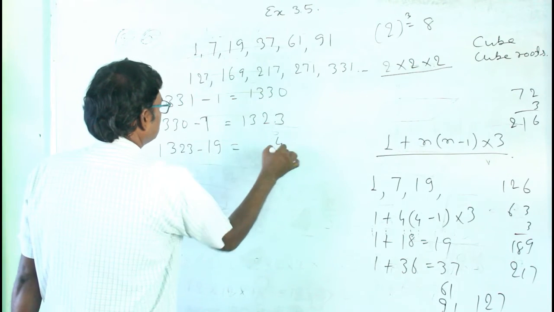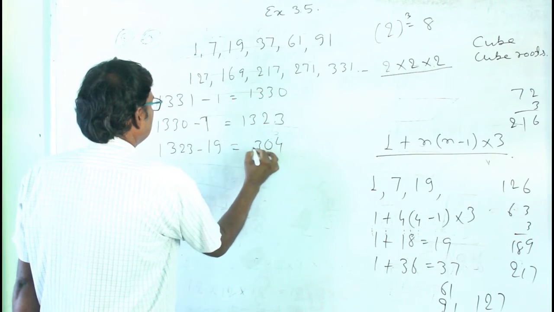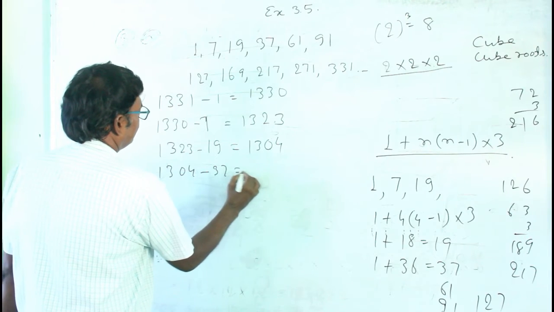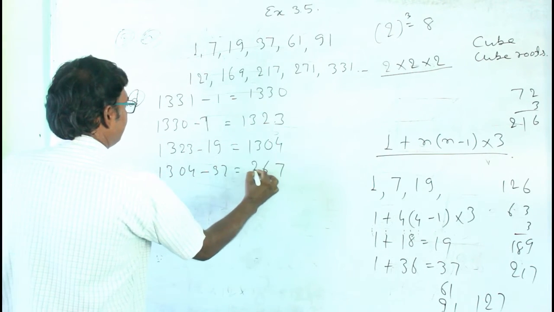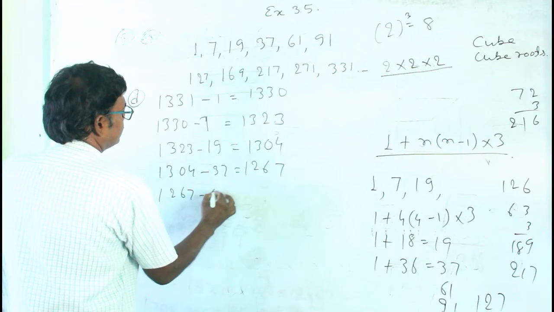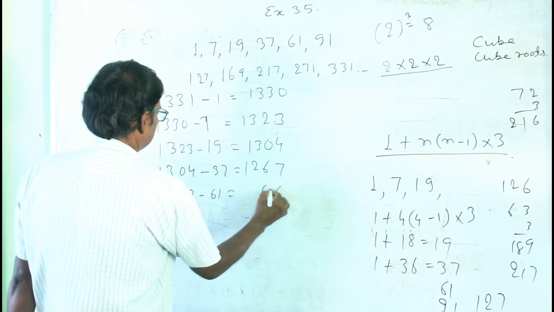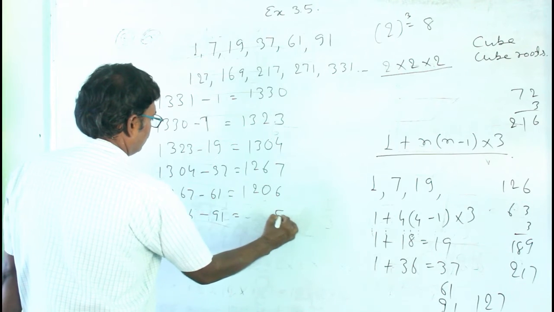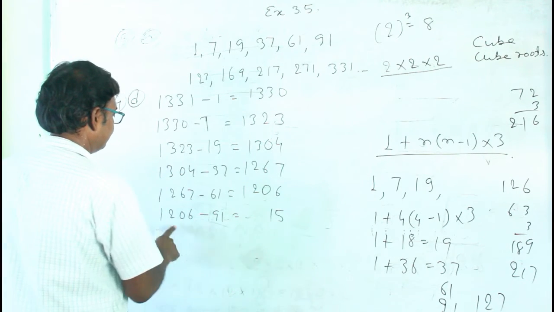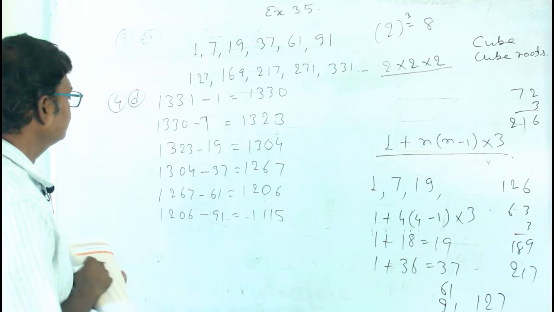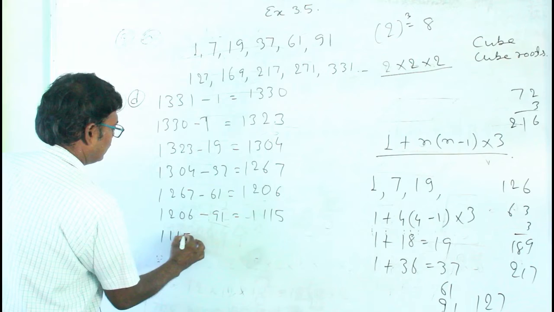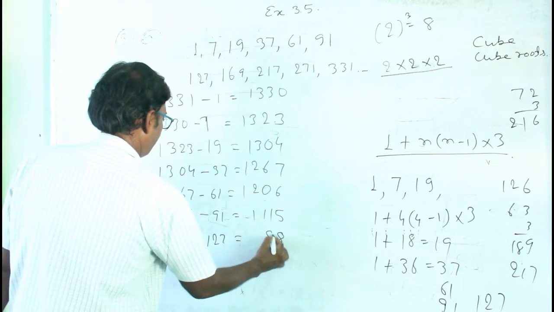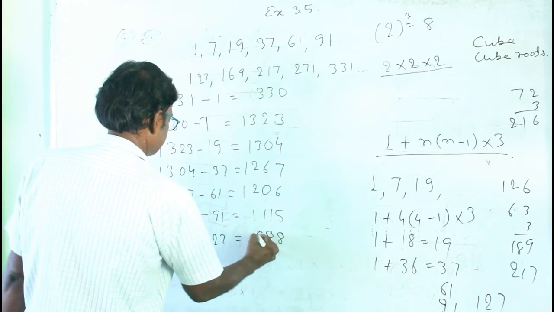So it is 1304, then minus 37, then 61 equal to 1206, then 1206 minus 91 equal to 1115, and then 1115 minus 127.